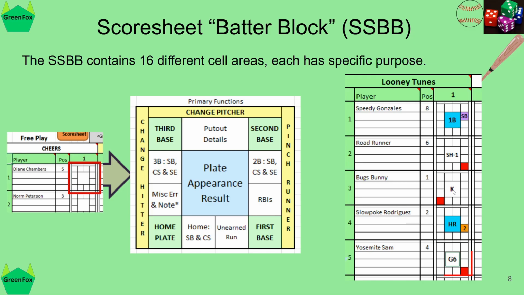Bugs Bunny struck out. Slowpoke Rodriguez hit a home run. And here this means 2 RBIs. Here's the RBI cell. So that's the idea: the building block of the score sheet is that score sheet batter block.